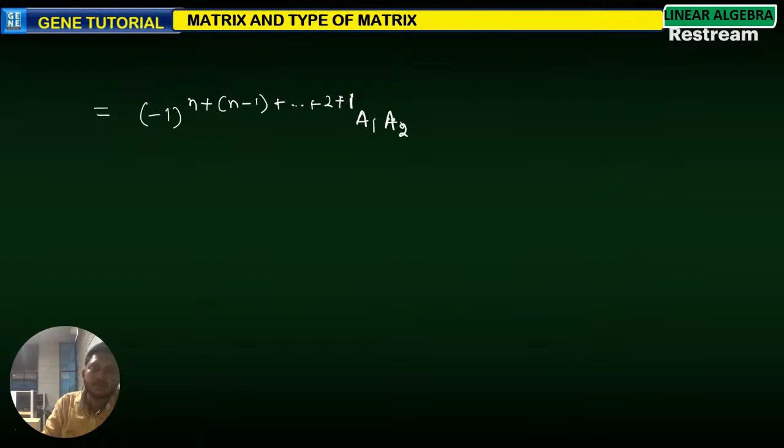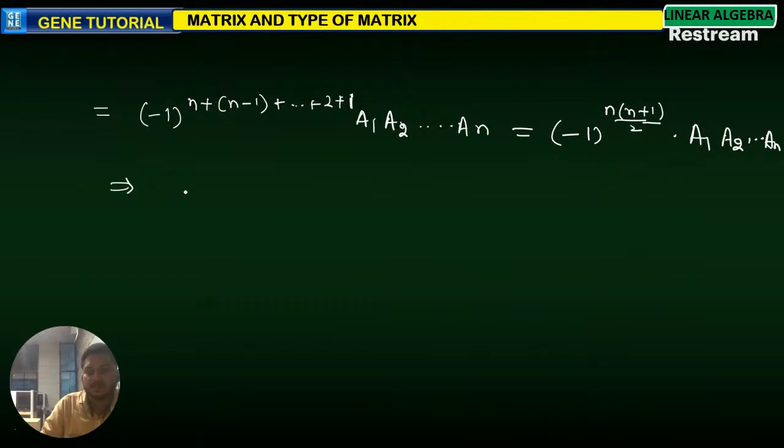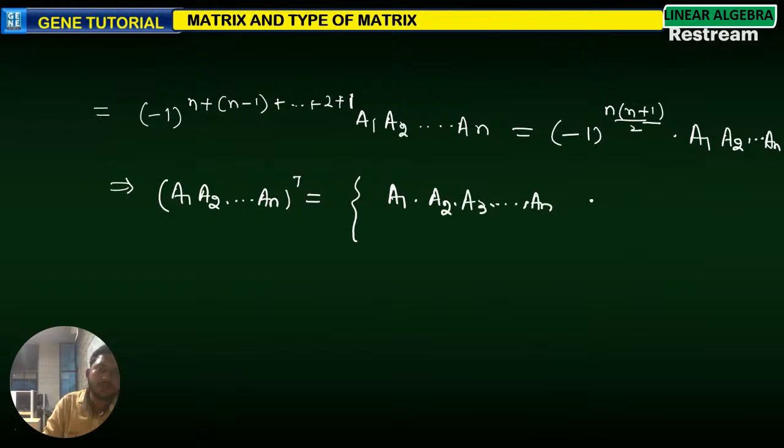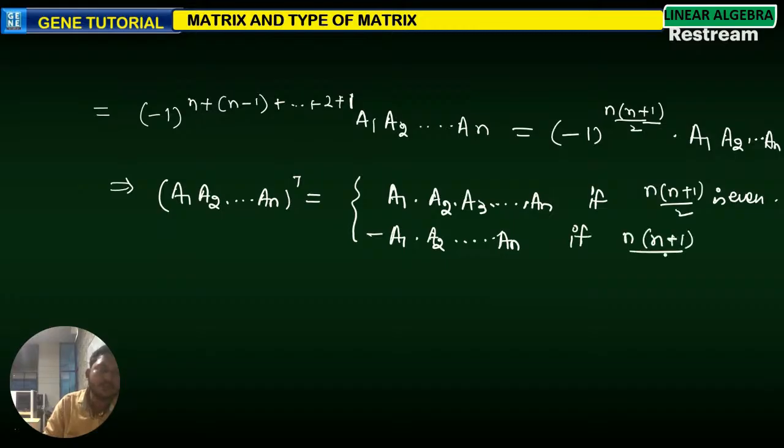So A1 A2 ... An equals minus 1 to the power (n+1)/2 times A1 A2 ... An. Therefore (A1 A2 ... An) transpose equals A1 A2 ... An if (n+1)/2 is even, and equals minus A1 A2 ... An if and only if (n+1)/2 is odd.